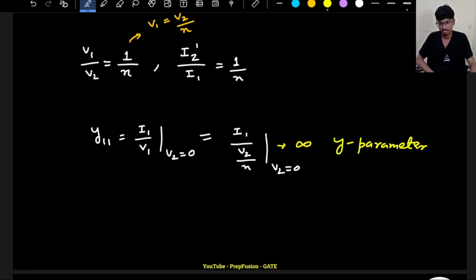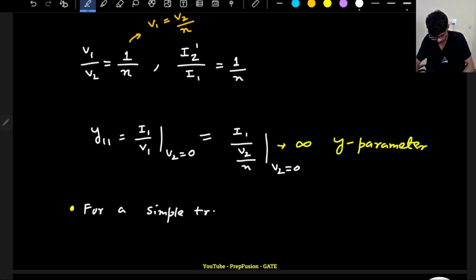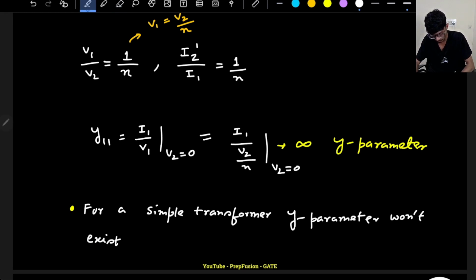Okay. So yeah, I will write here, for a simple transformer, the Y parameter won't exist. Why won't it exist?